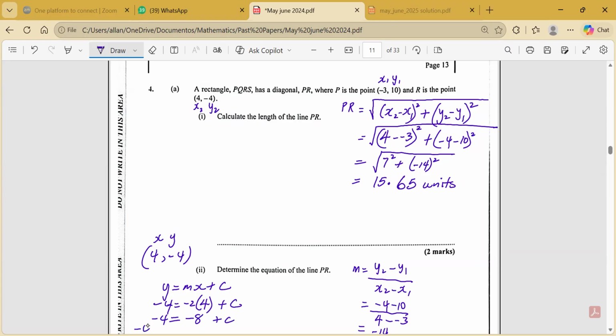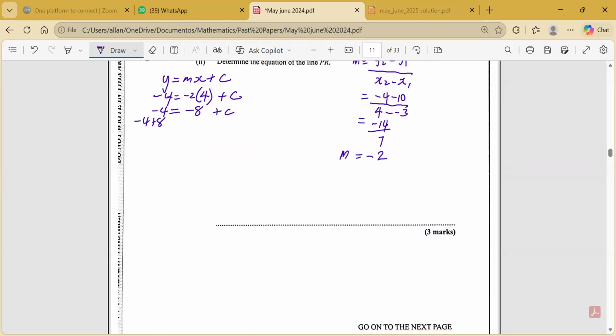So negative 4 plus 8, how much is that? Everybody got that? So your equation is y equals mx plus c. Everybody got that?